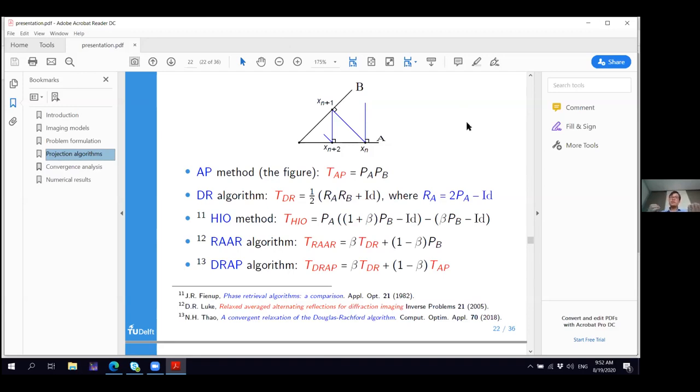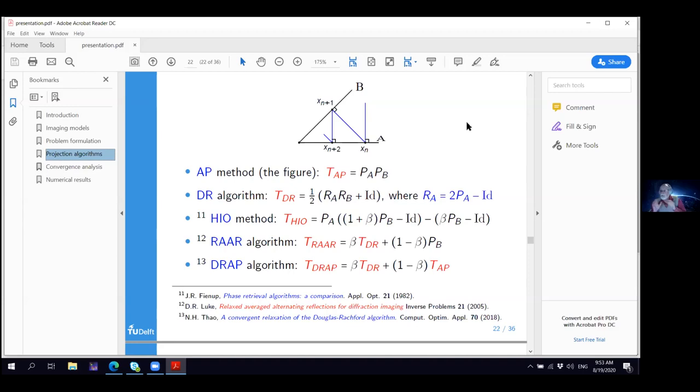But in practice, this way is super expensive, and usually requires more information about the noise. The second approach is we just use the noisy data, and we solve the inconsistent feasibility problem. But in this case, we find some kind of best approximation. We do not find a point in the intersection, just a best approximation to the problem.